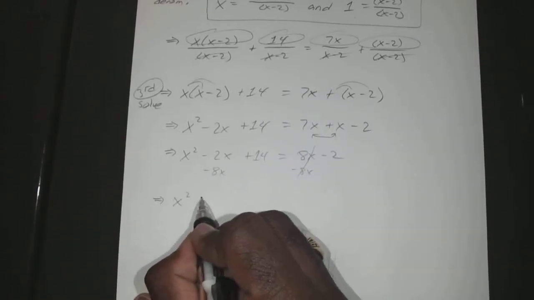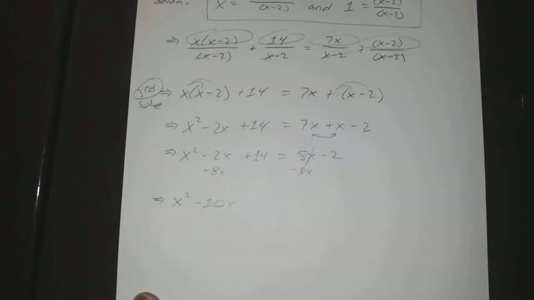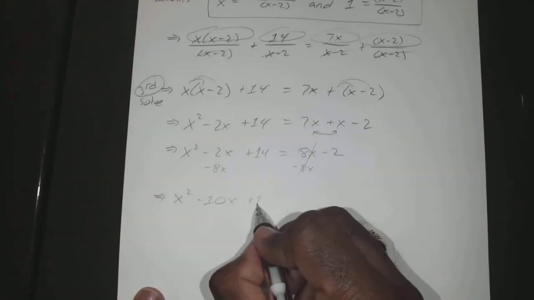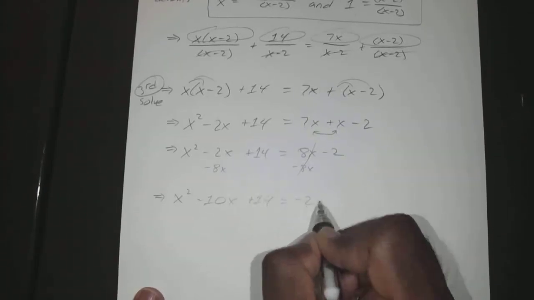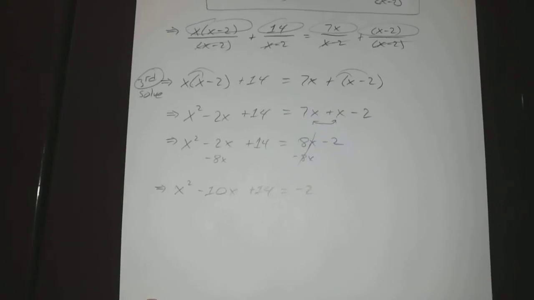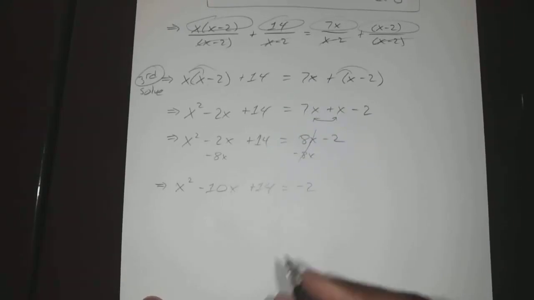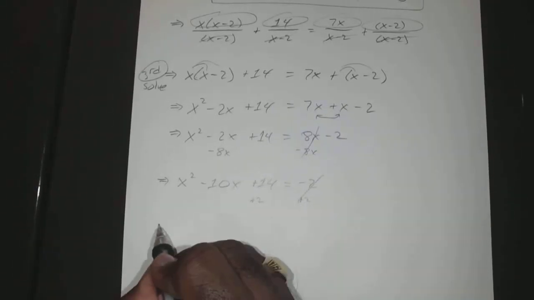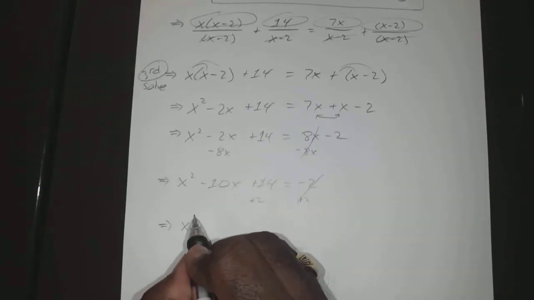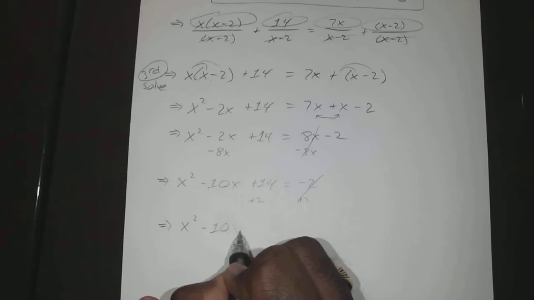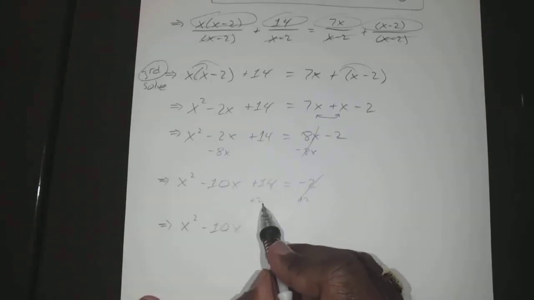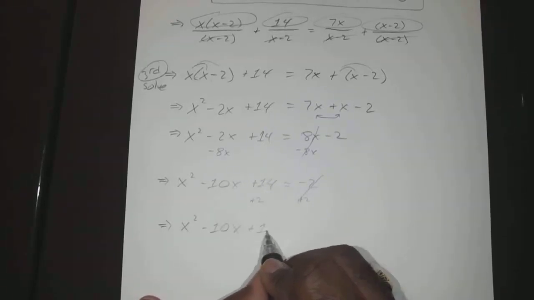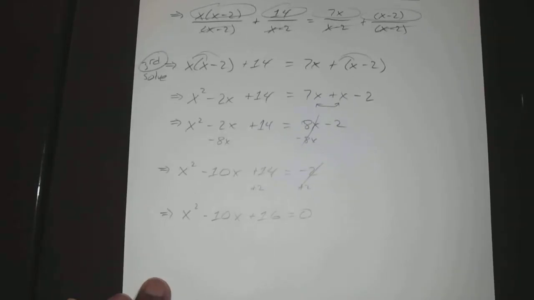So you have x squared minus 10x plus 14 equals negative 2. Now we can just add 2 to both sides. So we have x squared minus 10x, 14 plus 2 is plus 16, equals 0.